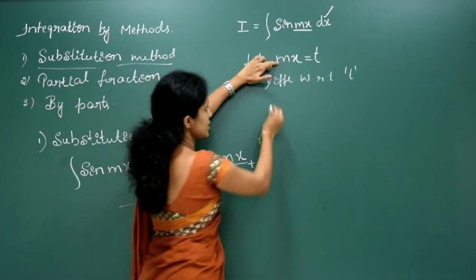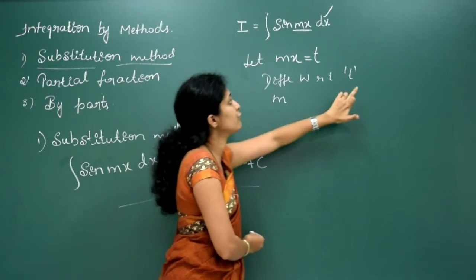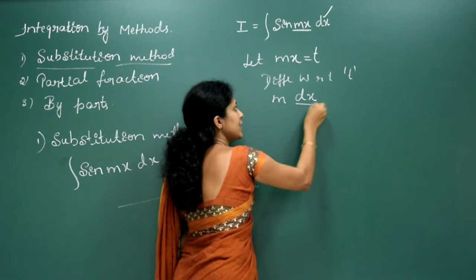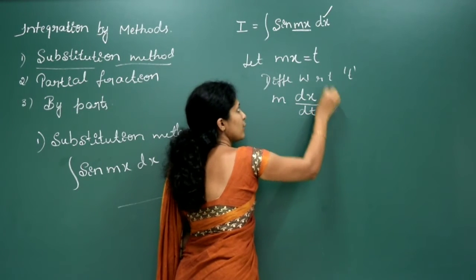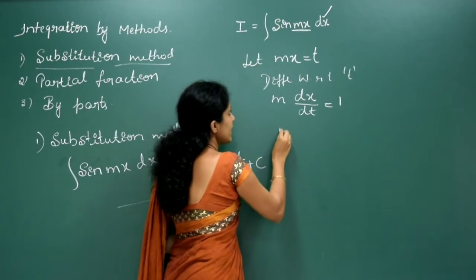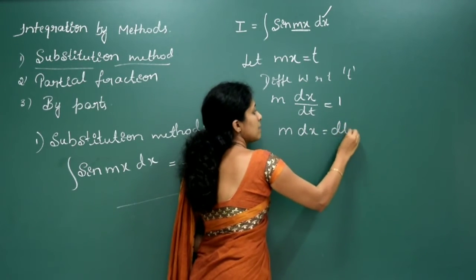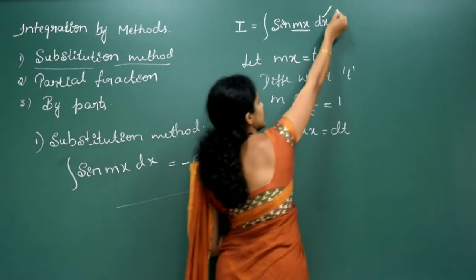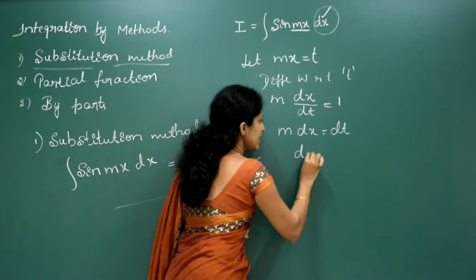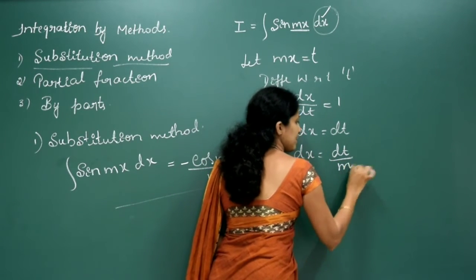If I differentiate, m is constant as it is, derivative of x is dx by dt, and derivative of t is 1. By using this, m into dx is equal to dt. But I need to give the substitution for dx. So dx is equal to dt divided by m.